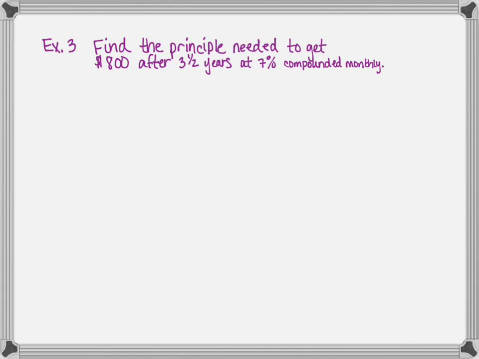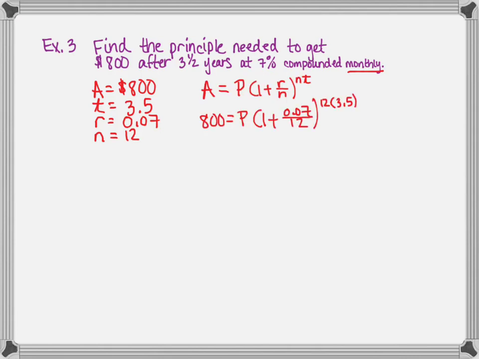Let's look at one more example. Let's work backwards and find the principal needed to get $800 after 3.5 years at 7% compounded monthly. So A this time is $800, T is 3.5, R is 0.07, N is 12, and we're using our same formula of A equals P times 1 plus R over N to the NT, because this is compounded monthly.